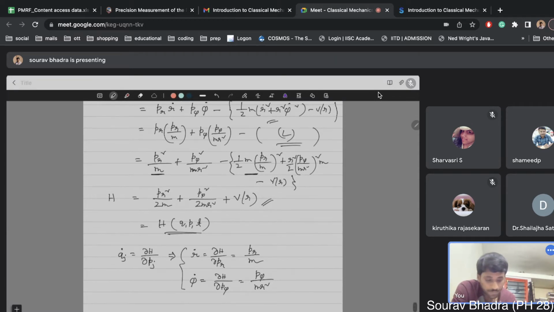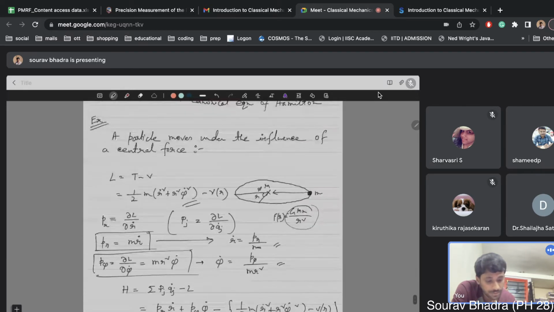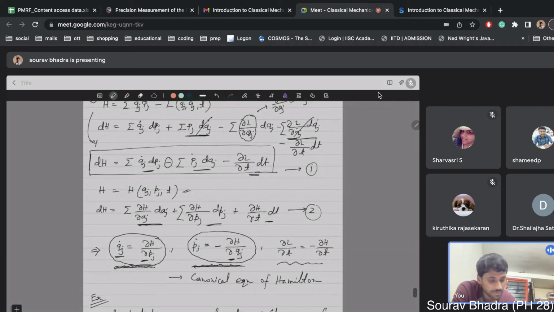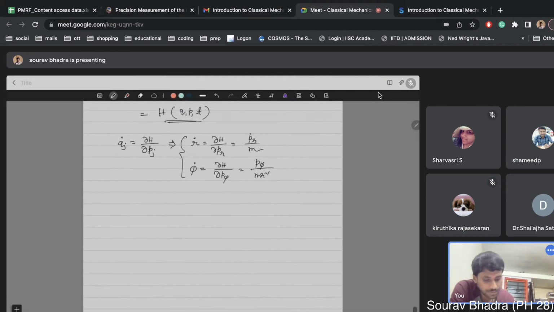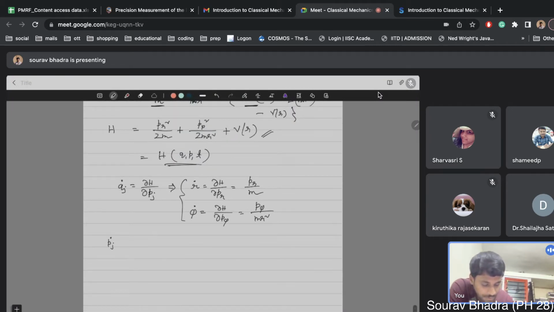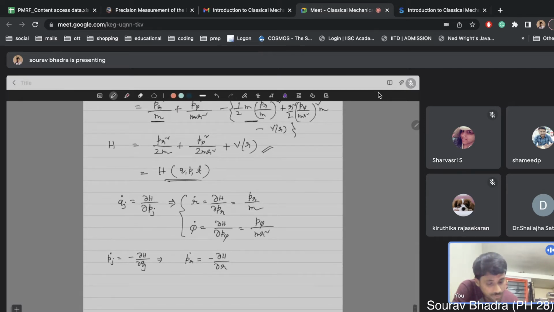Okay, now another equation was the momentum equation, pj dot equals minus del H del qj. So that will give us pr dot is minus del H del r. So if you do the del H del r thing, there is an r dependent term, I mean a q dependent term here, the second term is q dependent.